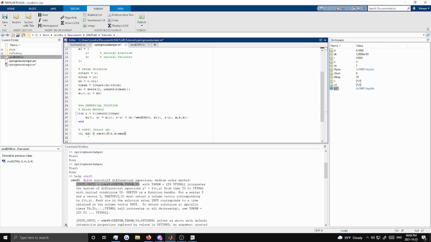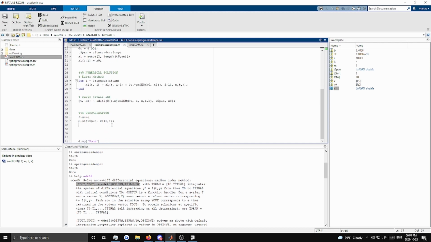Spring mass damper equations of motion, putting in time, position, mass, damping, and constant. And then we have to put in our t span and our x naught. And ode45 should solve that pretty nicely.